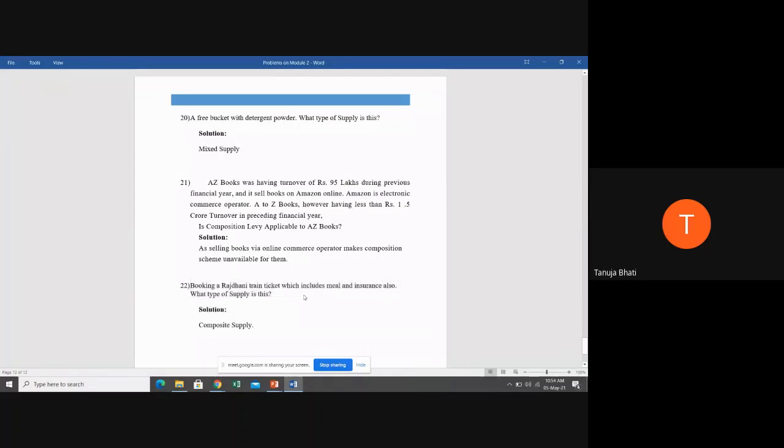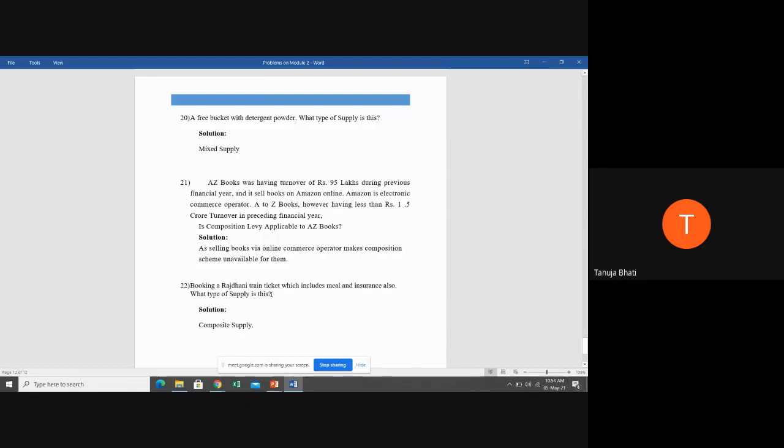Is it naturally bundled or artificially bundled? Students, think and tell whether it is a mixed supply or composite supply. Yes, students?